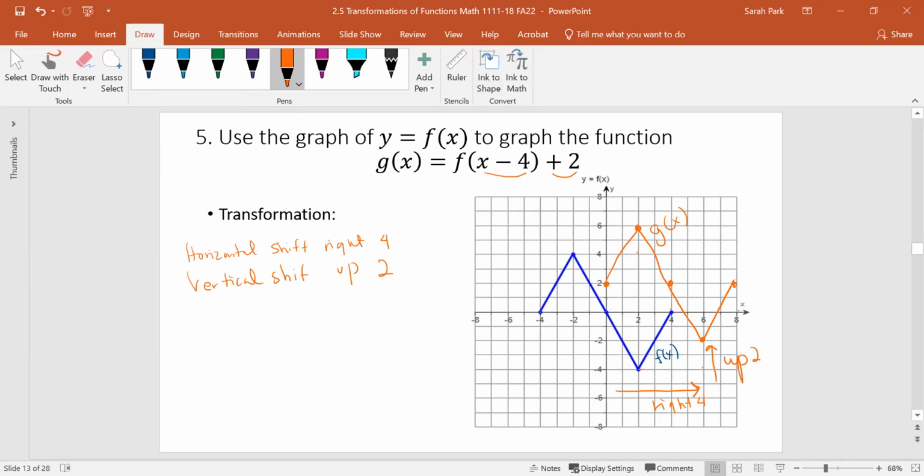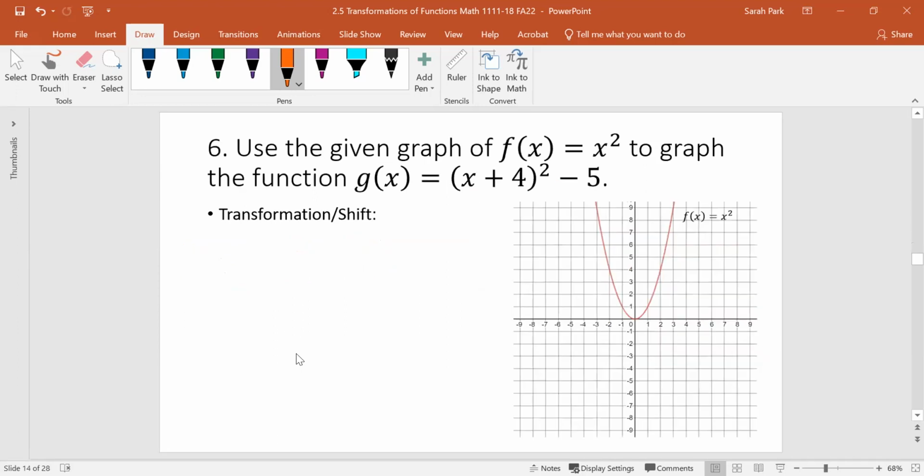Okay, let's do one more for combining the horizontal and vertical shifts. So here we've got the x squared function. And what we want to do is find g of x, x plus 4 squared minus 5.